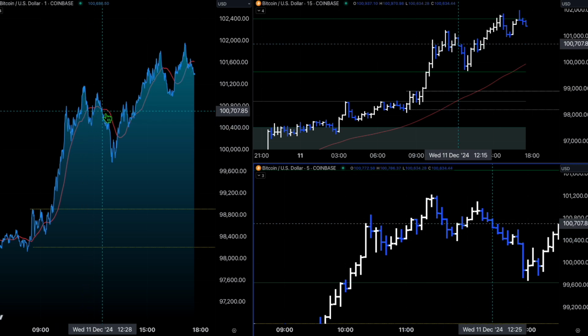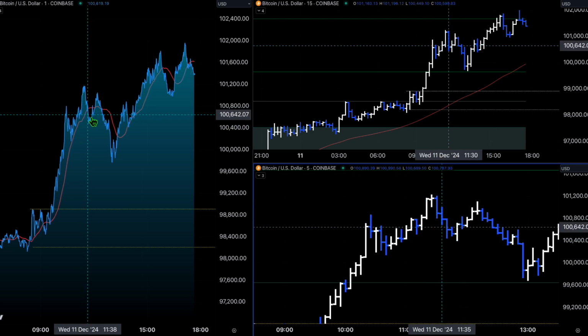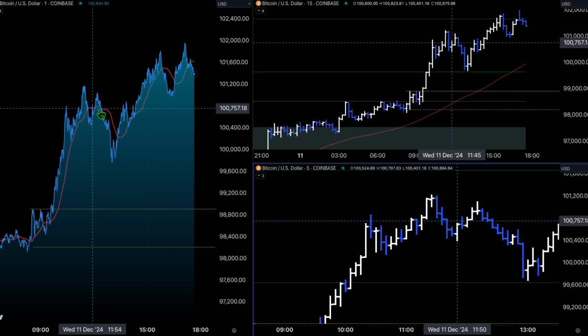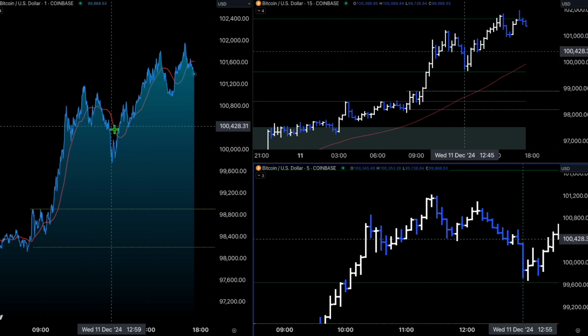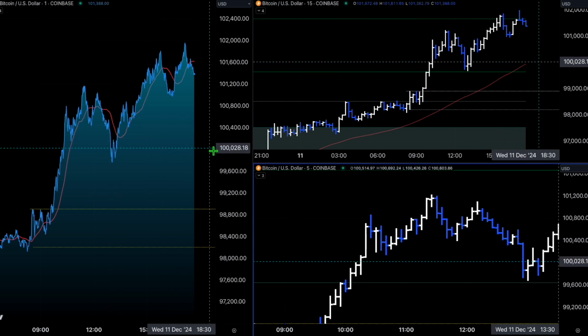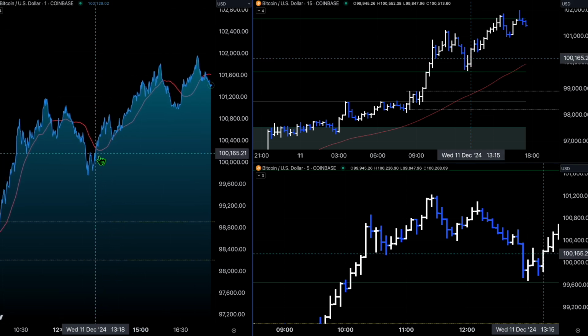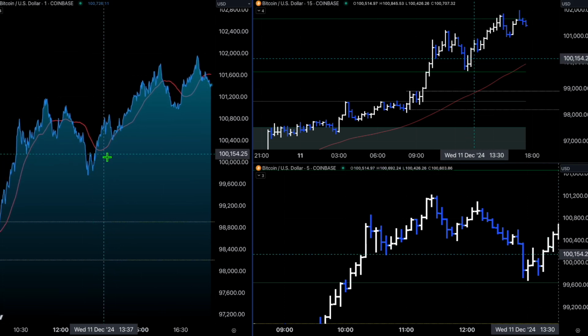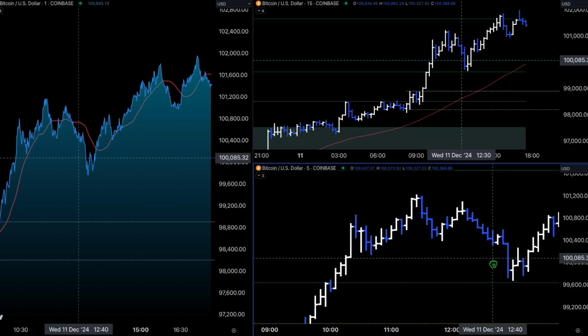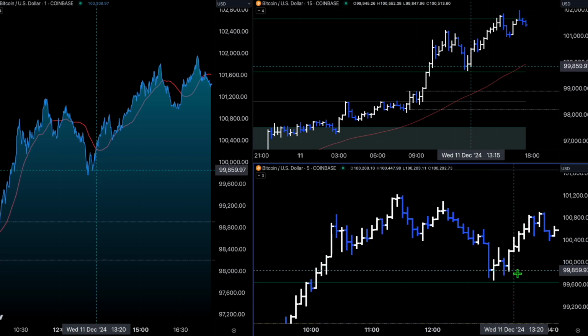I'm referring to my indicator chart, my 1 minute, turning from bullish to bearish. Now, of course, the reciprocal to that is, I want to go back on trend before I instigate another trade.